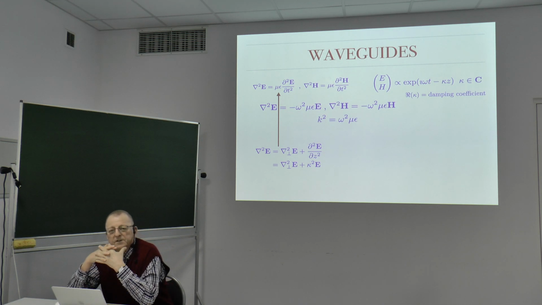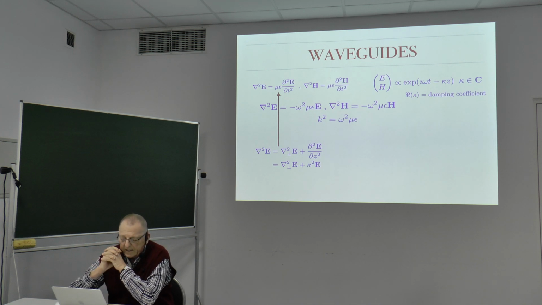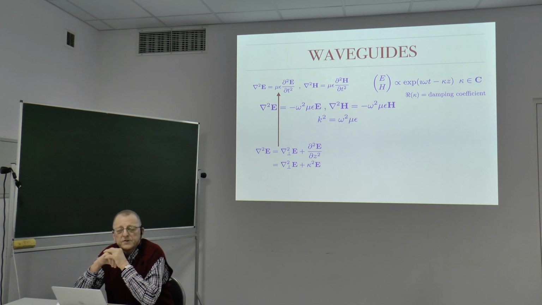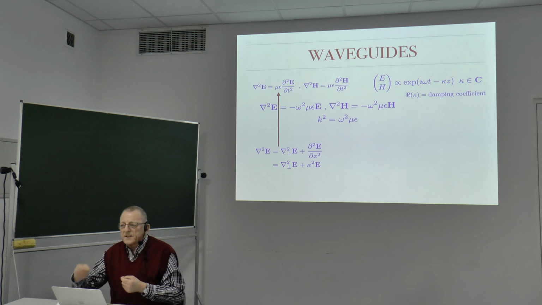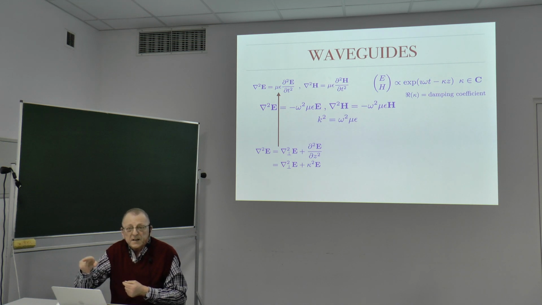Therefore, I will split my Laplacian in two pieces. The one which is denoted here as this transverse Laplacian. For example, in Cartesian coordinates, this is the second derivative with respect to x plus the second derivative with respect to y. And there is a second derivative with respect to z.